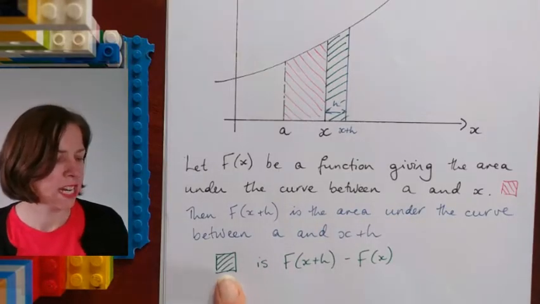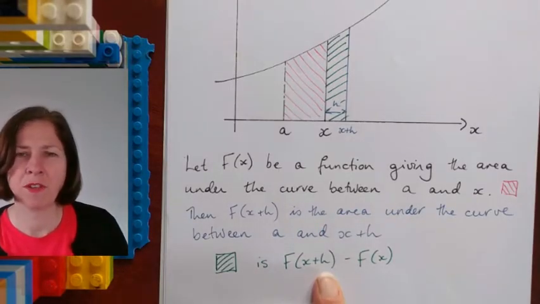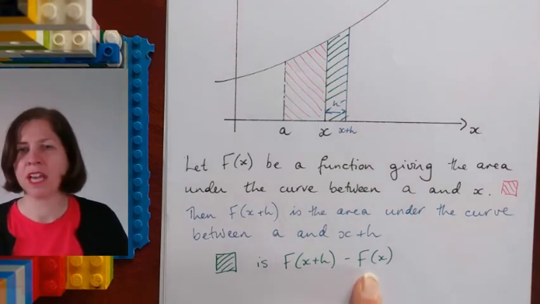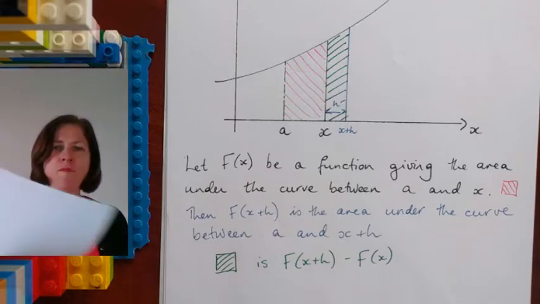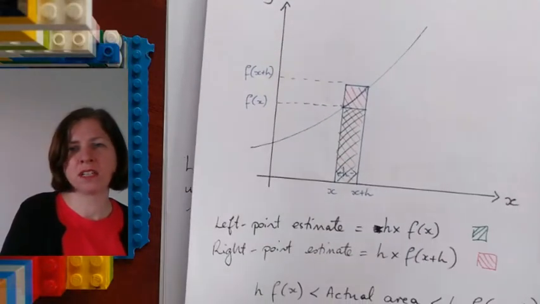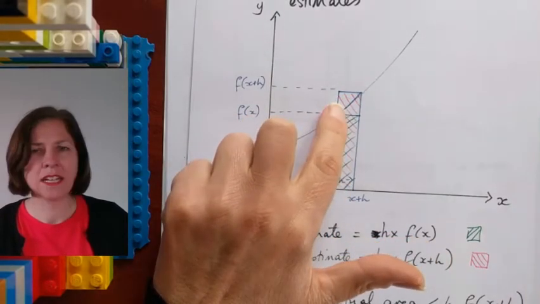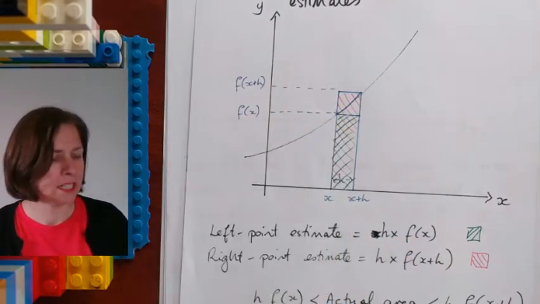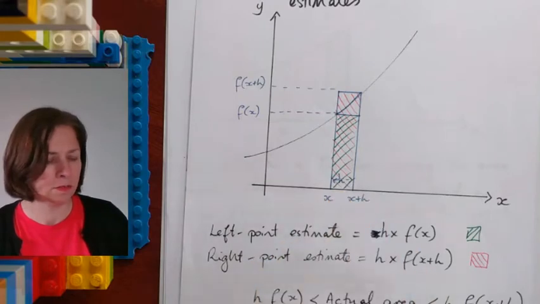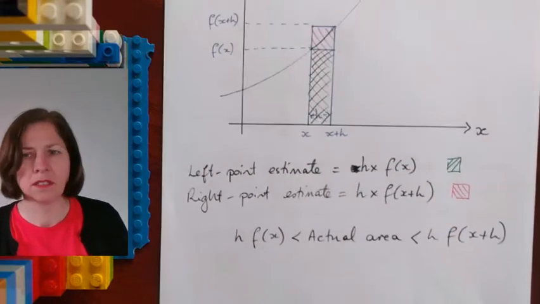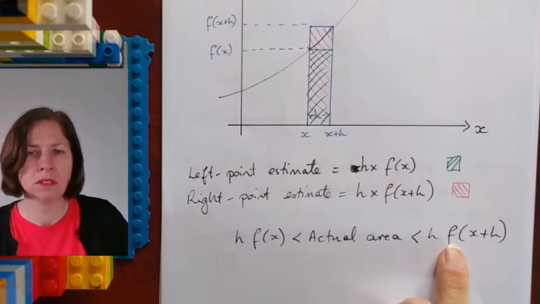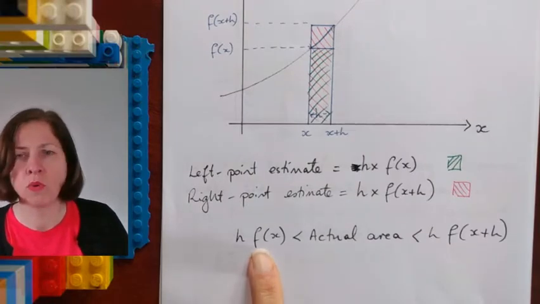So the green shaded area can be given with this expression, capital F of x plus h minus capital F of x. But if I go back to the diagram that we started with, I said that this shaded area, which is under the curve, is going to be smaller than the big rectangle and bigger than the small rectangle.